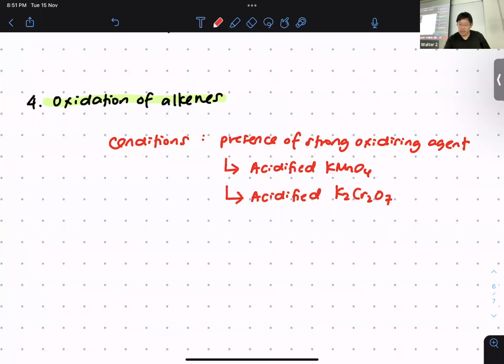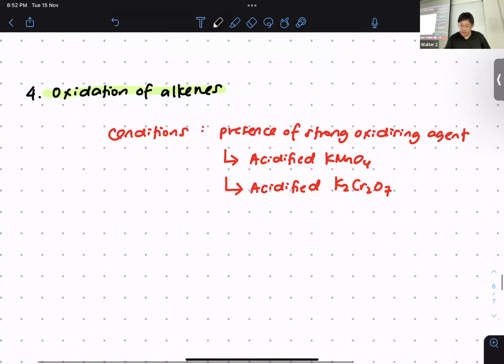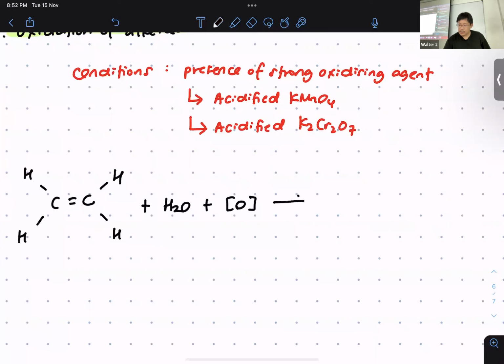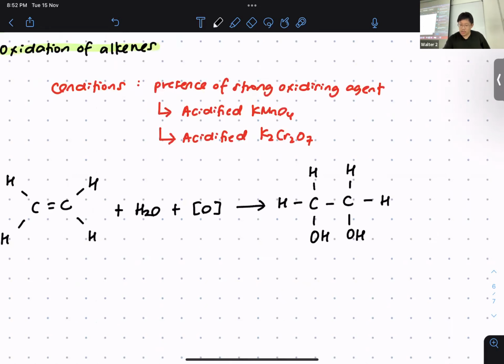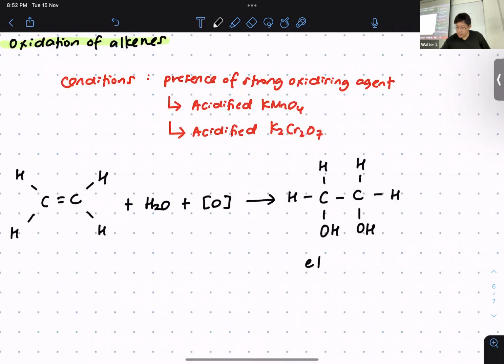In terms of mechanism, if you have ethene reacting with water plus oxygen from the oxidizing agent, you'll be able to get ethane-1,2-diol.